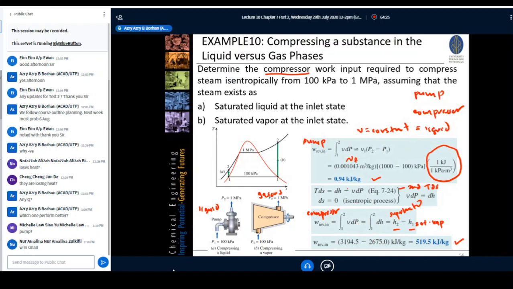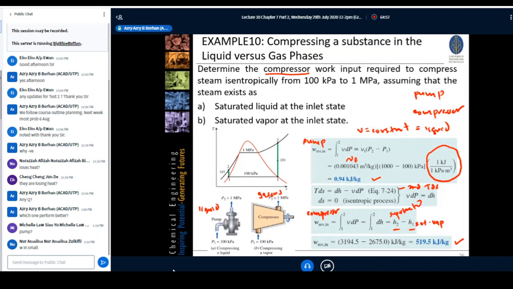So here, what you can see is that the pump only handles liquid, and liquid is an incompressible substance, that means it will not encounter phase change, right? So having constant V will result in small or less work required to transfer the fluid from one point to another.